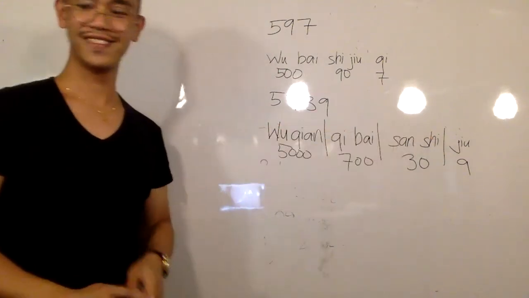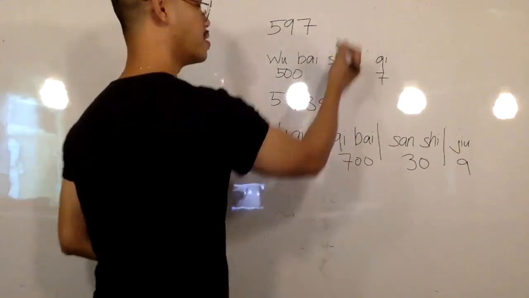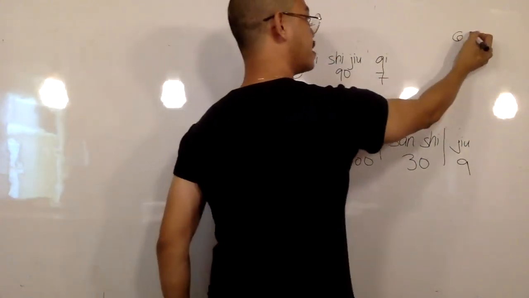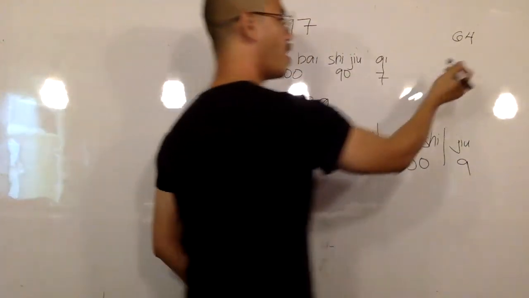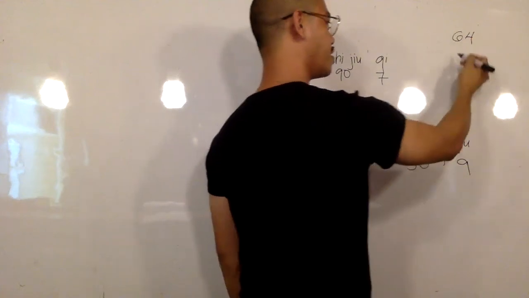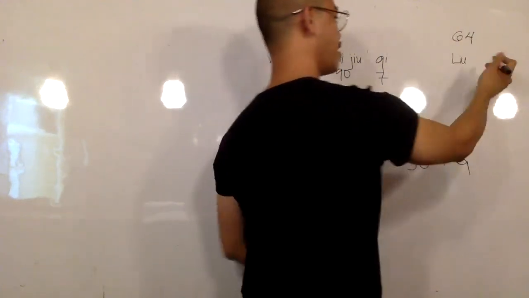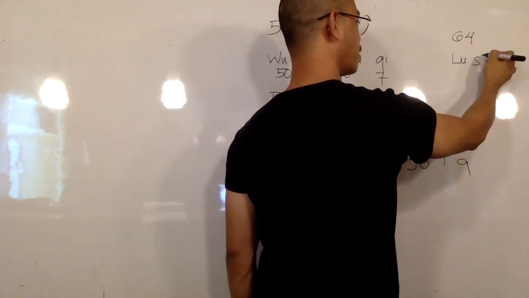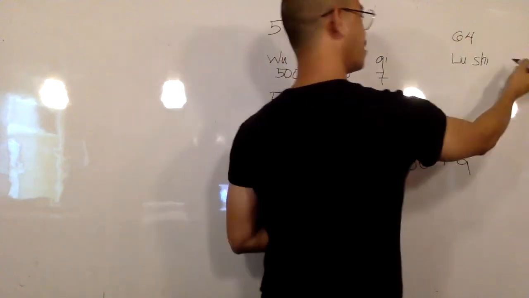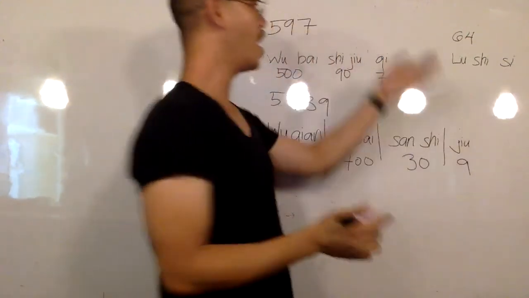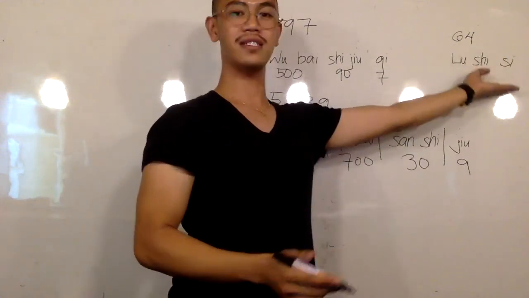5,739. Okay, you already know how to count. How about 64? What is 6 in Mandarin again? Liù. 60 is liù shí. 4 is sì.